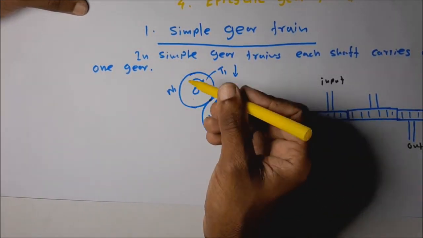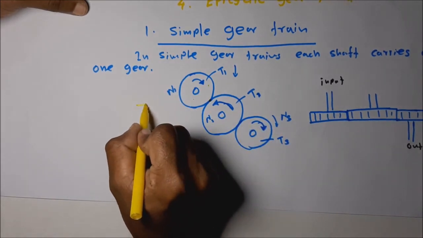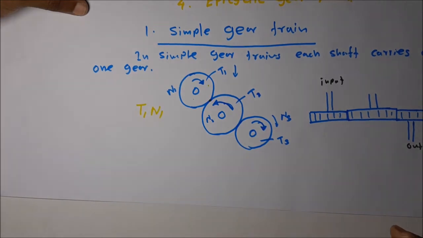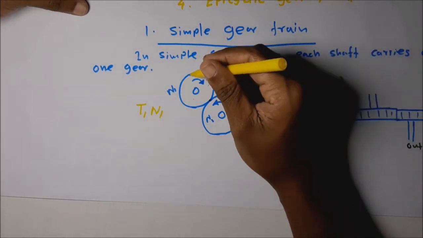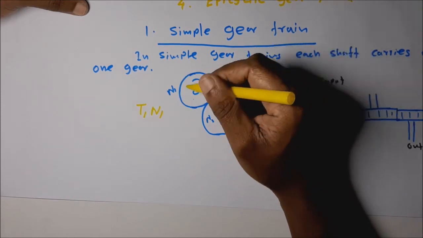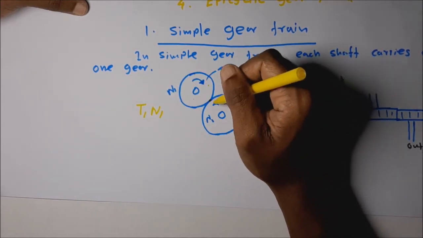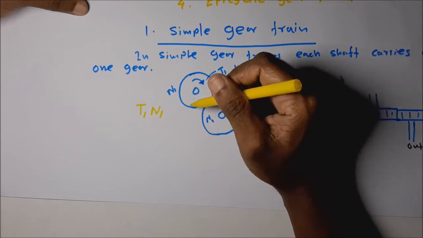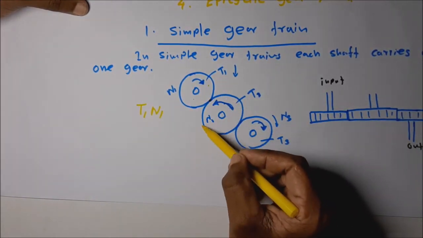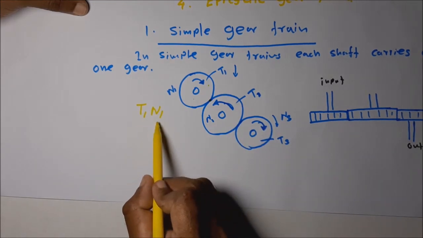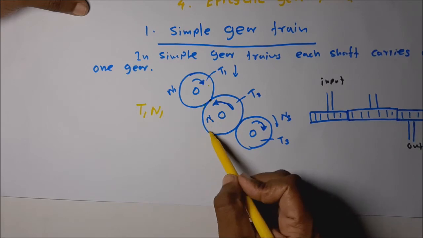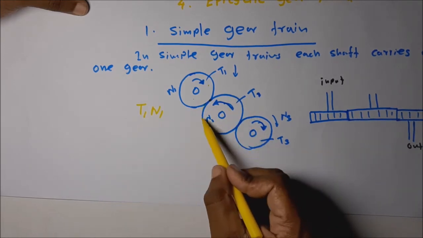That is equal to T1 N1. One circumference has T1 teeth, so for N1 revolutions it produces T1 N1 contacts with the second gear wheel.